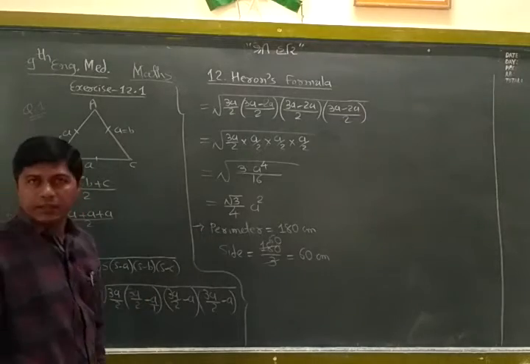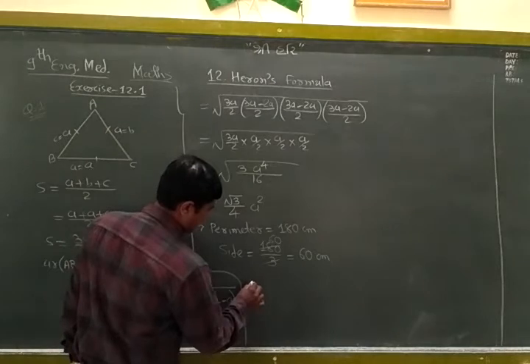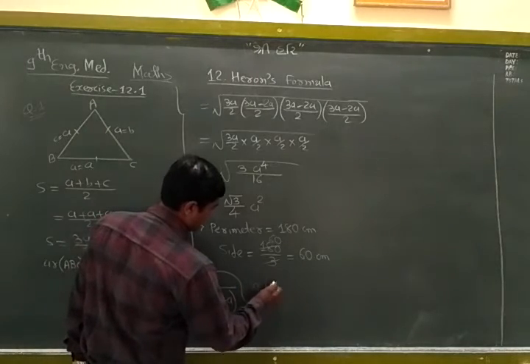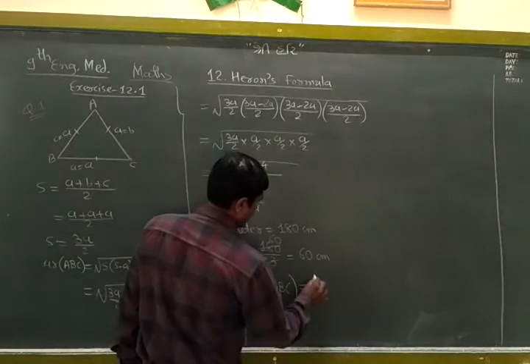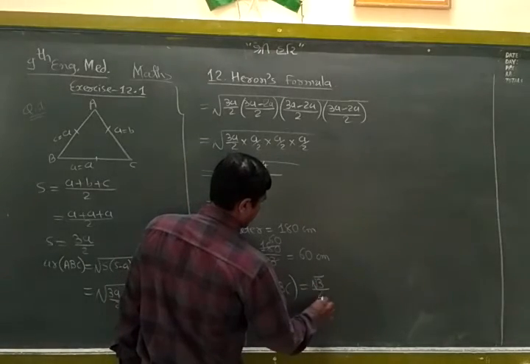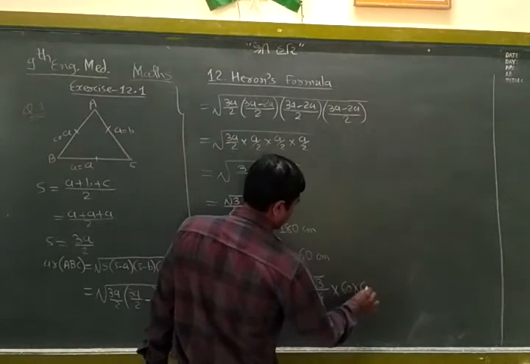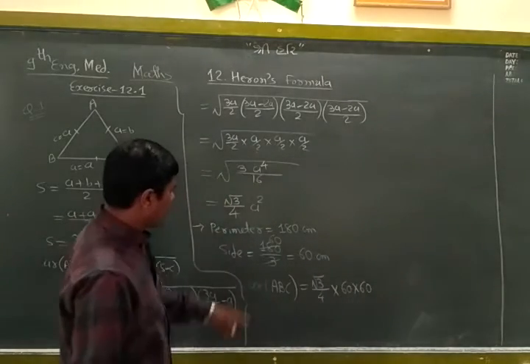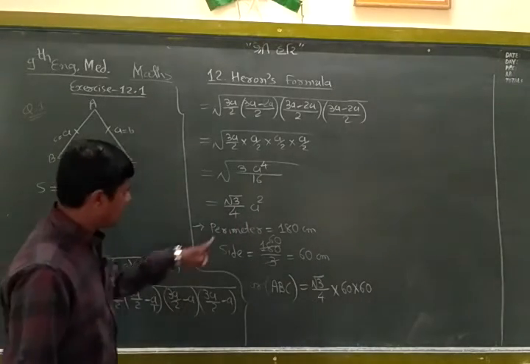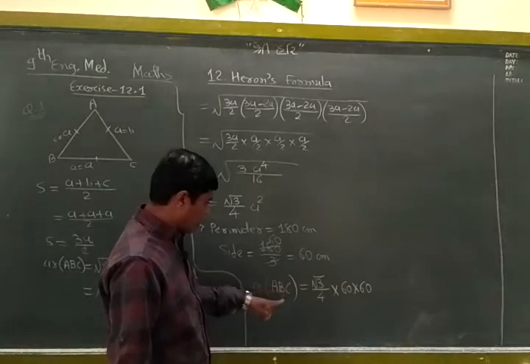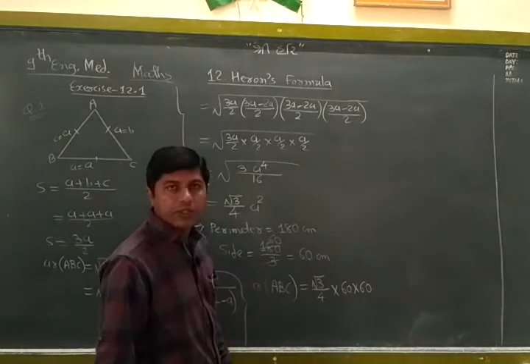Area is given here, so directly area of triangle ABC is equal to root 3 by 4 A square, A means 60, so 60 into 60.